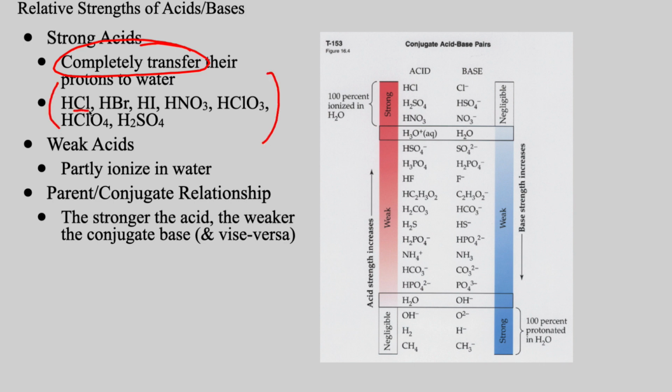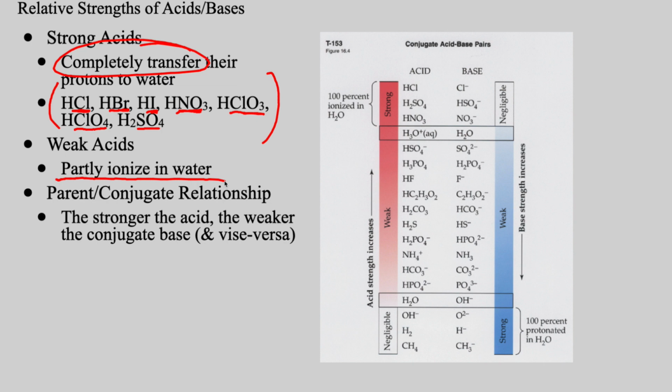And that means that their conjugate bases, we can underline them, are of negligible strength. Then what about the weak acids? Well, they partly ionize in water, and that means that their conjugate bases actually function as bases.